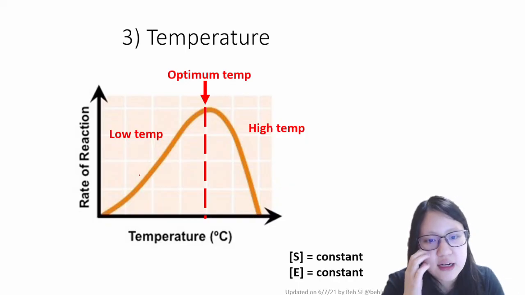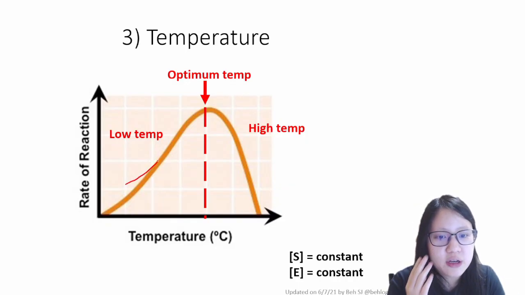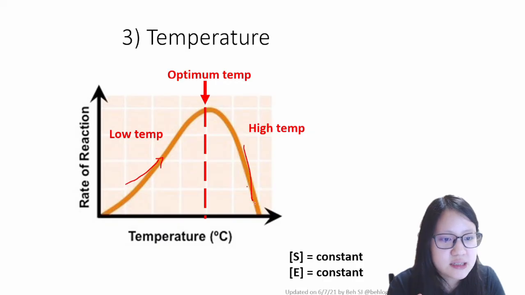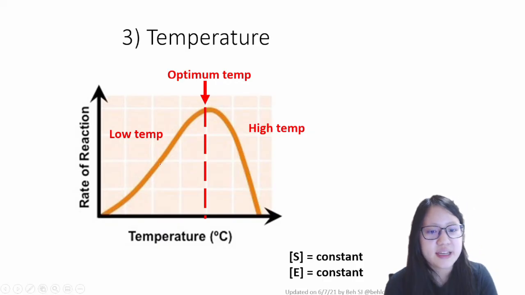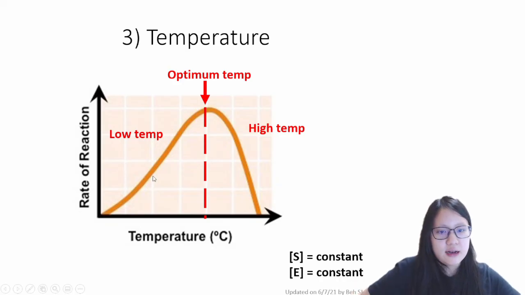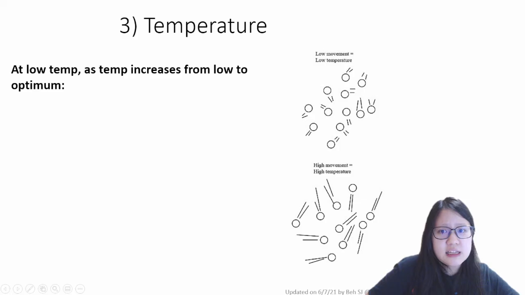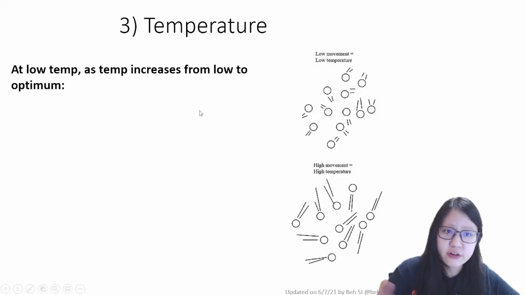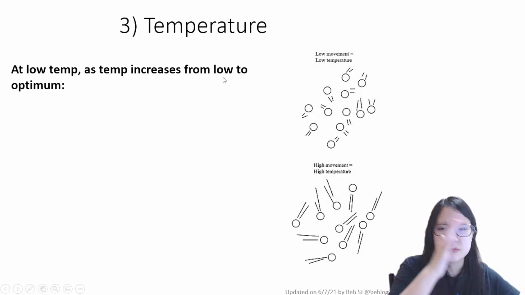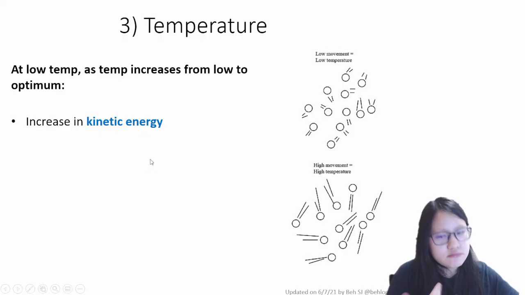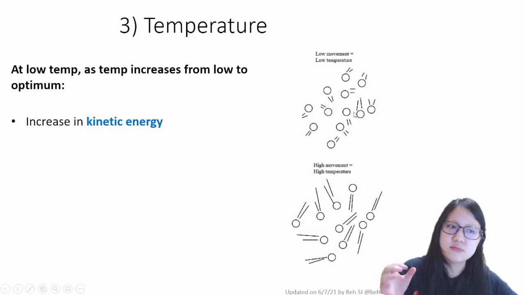You realize that the slope here is less steep, and this is much steeper, right? That is intended. Now let's see what happens at low temperature. As temperature increases from low temperatures to optimum temperatures, there's an increase in kinetic energy. At low temperature, movement is kind of slow.